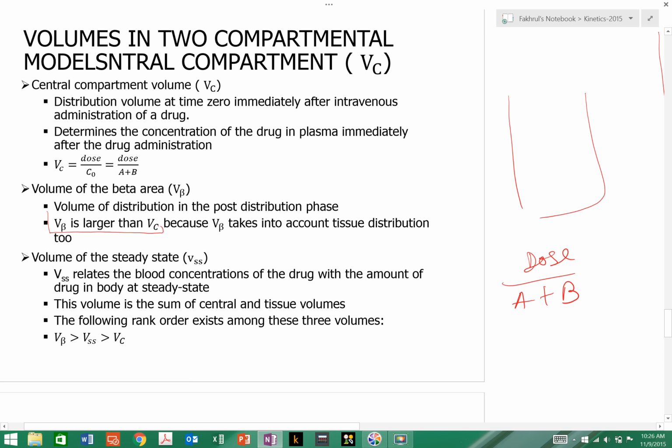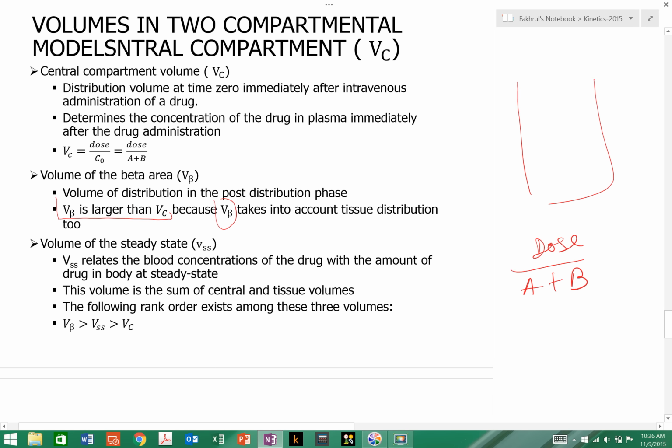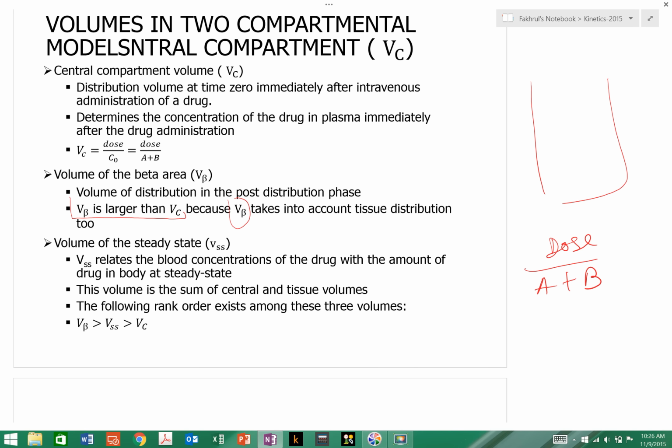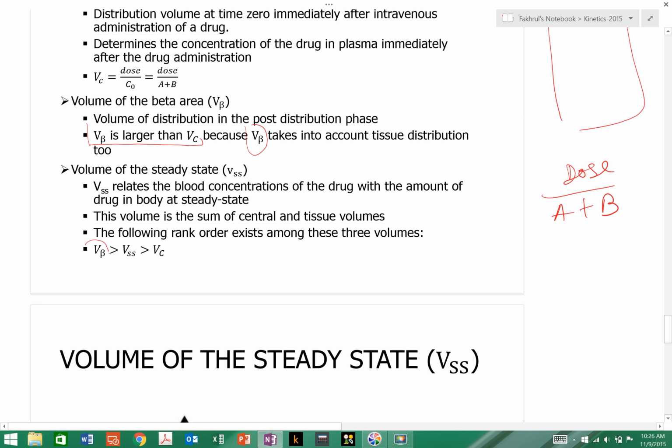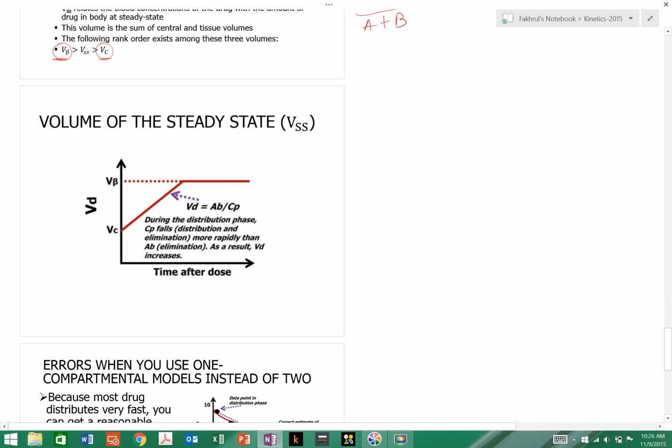This one is larger because beta, the volume of distribution at the elimination phase, takes into account tissue distribution too. I will explain this a little later. As you can imagine, we have more tissue volume than plasma volume. That's why this is bigger than the central compartment. So when we are calculating the dose, we have to always consider this one. If we consider the other, there will be an error in the calculation of the dose. I will explain that to you later.